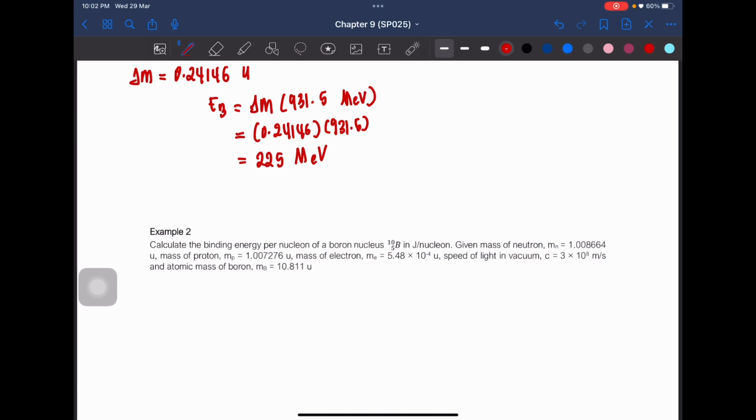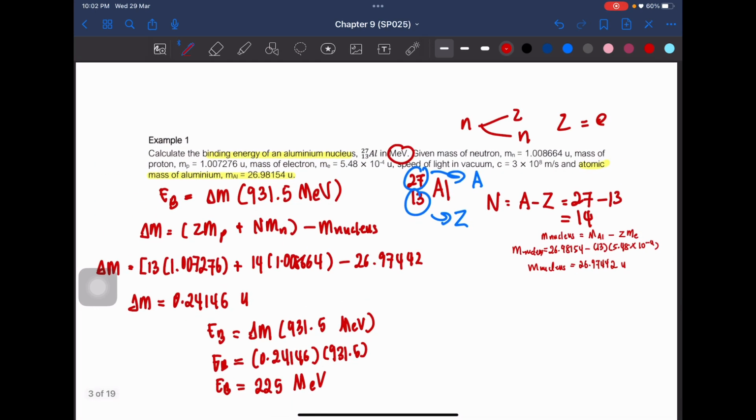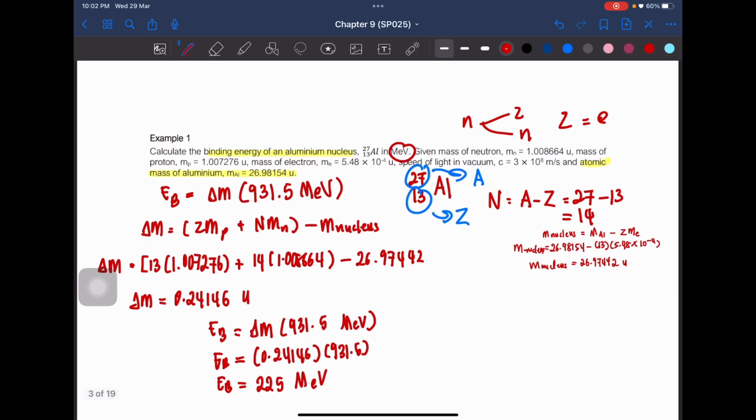Let me just double check. This one is 0.24146 times 931.5, 224.9, but basically that is 225 mega electron volt. So this is the binding energy of the aluminium nucleus.